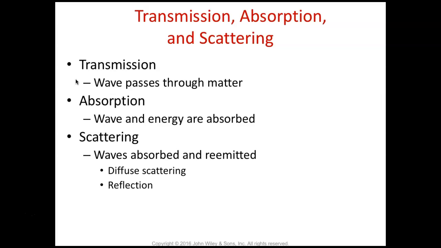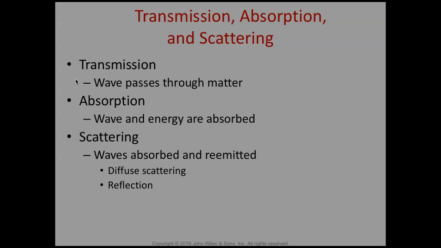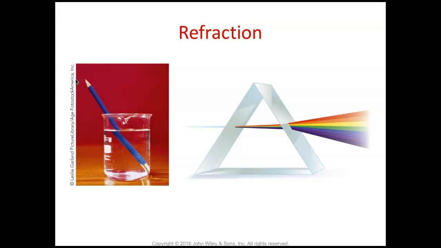So it's interesting to think about why you could actually see yourself in a mirror and not really see yourself when you're looking at a different object, because different wavelengths get refracted. So here's this example of refraction where we have the pencil going into this cup of water, and the wavelengths are not coming out at the same angle.